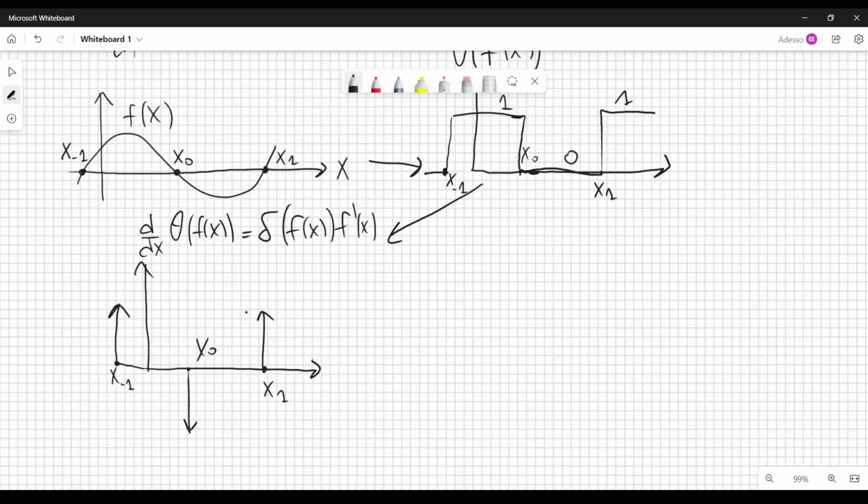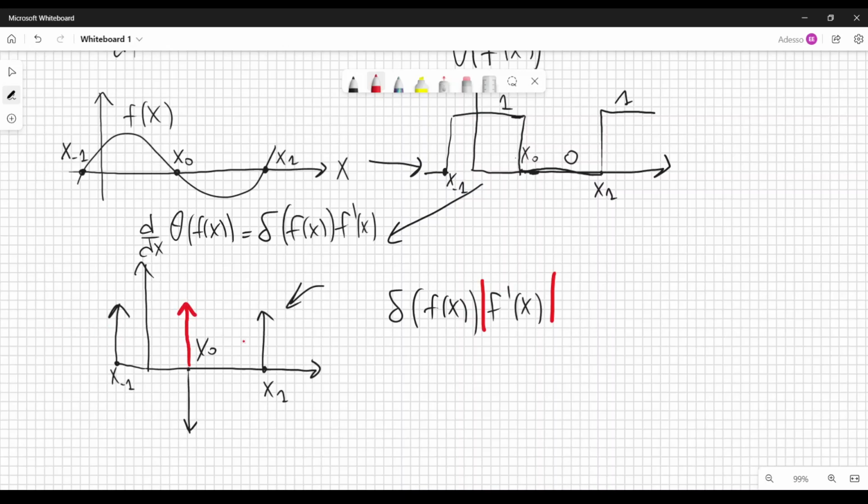But you should get the idea, and in particular from this graph you can understand that the function delta of f of x times f prime of x, and actually I'm going to consider the absolute value of f prime of x, because if we consider the absolute value, all the negative deltas will become positive deltas.